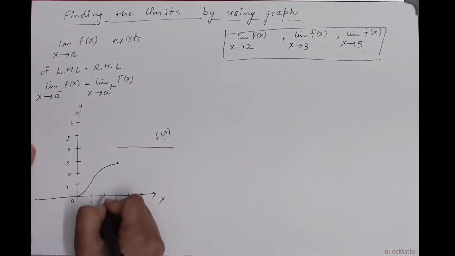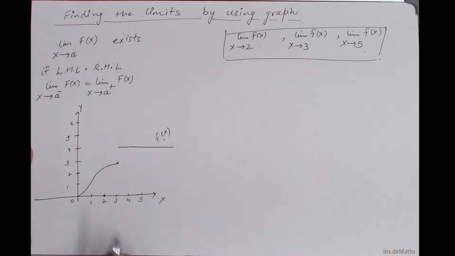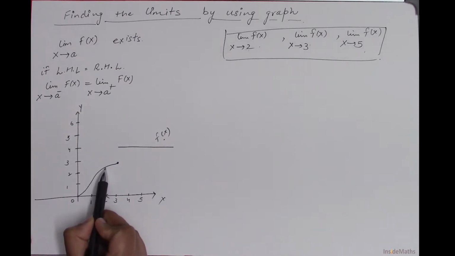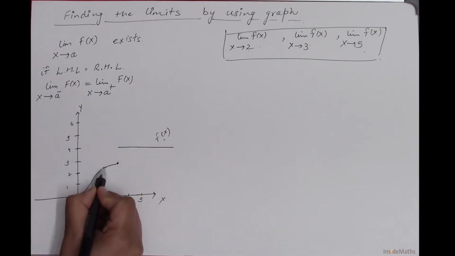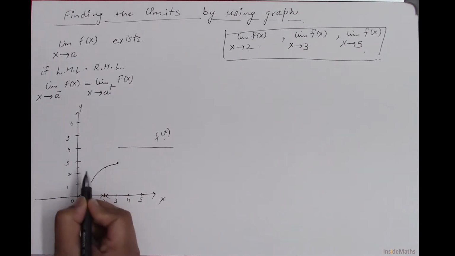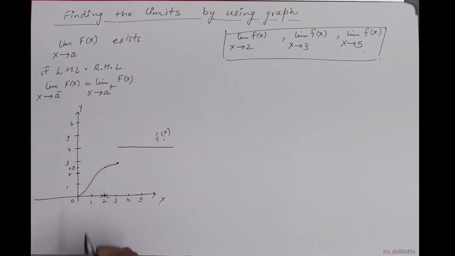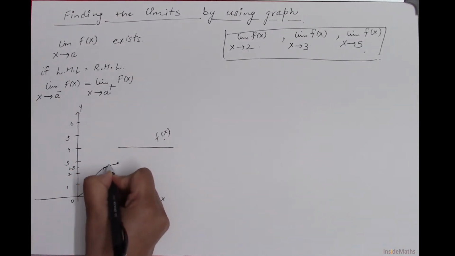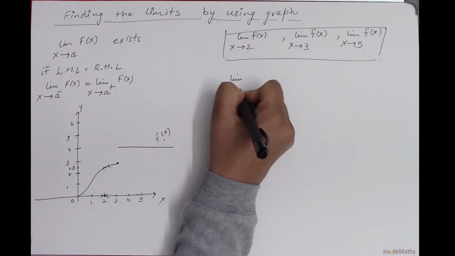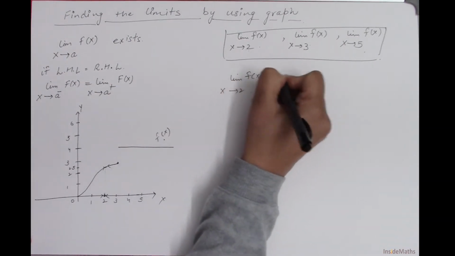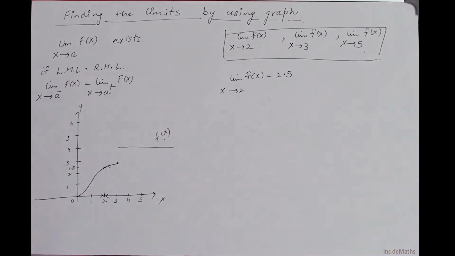Now when x is approaching to 2, that means from left side and from the right side, then f of x is approaching to the point, let's say here is 2.5 somewhere, 2.5 from both the sides. That means limit x approaches to 2, f of x is equal to 2.5.